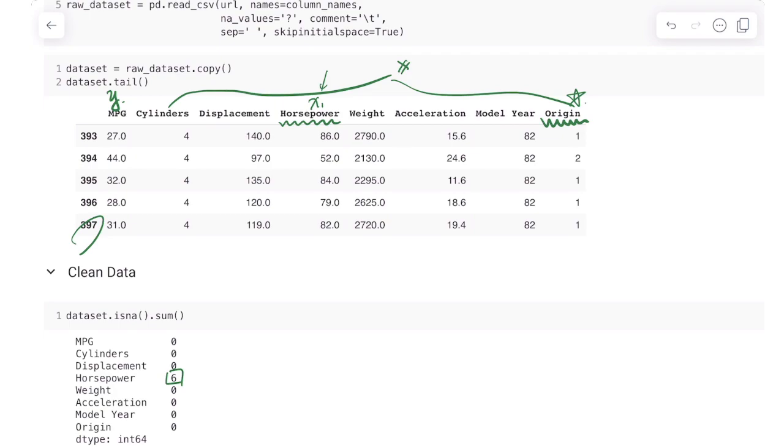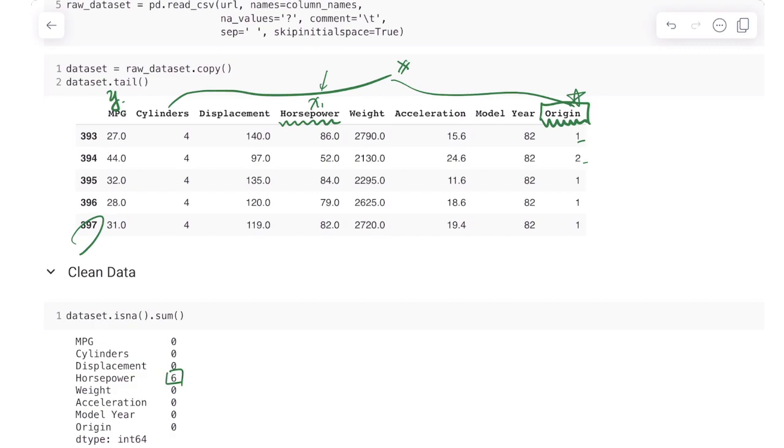But an important thing is that the origin column stands for the country where the car was built. So it is categorical data. We will first do something with this column.